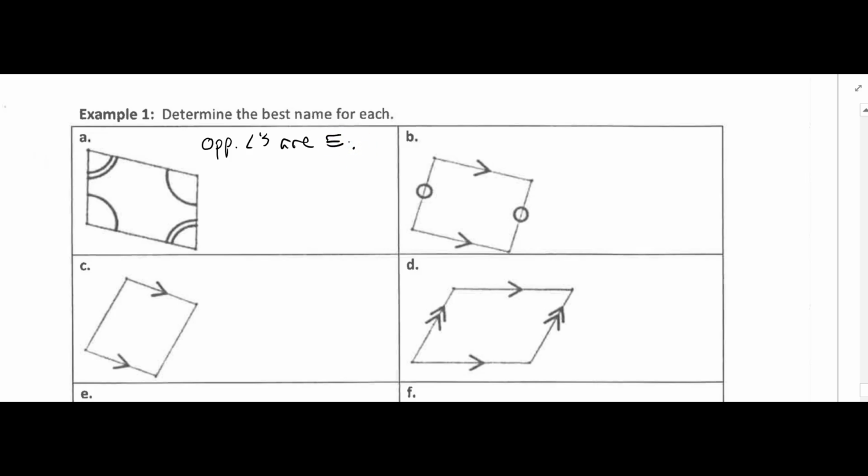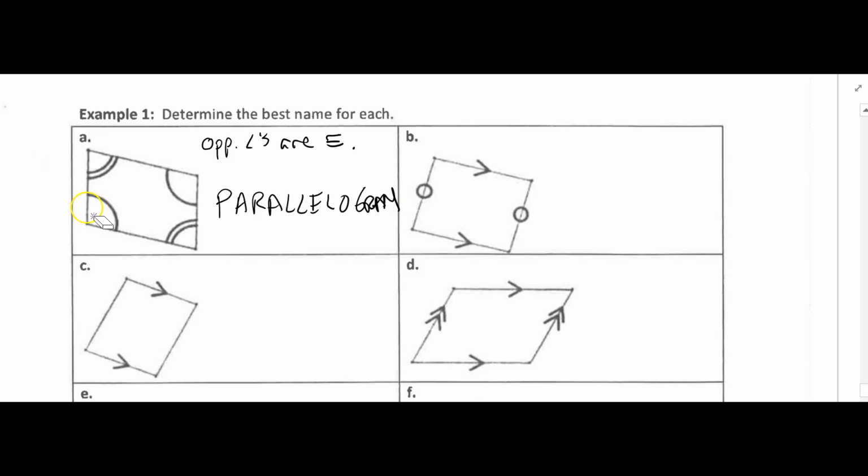Opposite angles are congruent. So if we're thinking about our properties for parallelograms, the only parallelogram that this could absolutely positively be would be a parallelogram. It might be one of the other ones.